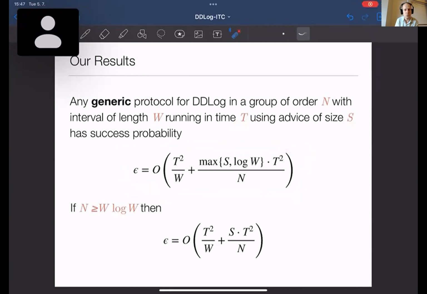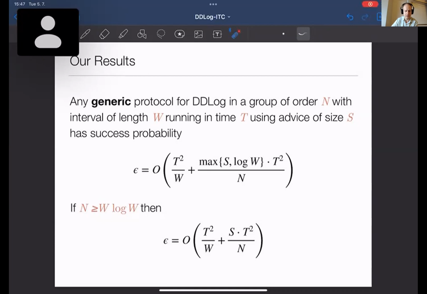I don't have much time, so I will not go into the details of this formula. If you're familiar with trade-offs on, let's say, D-log, this looks very familiar, and it's exactly the kind of expression that you would expect. And now I will try to give you the gist of the result.